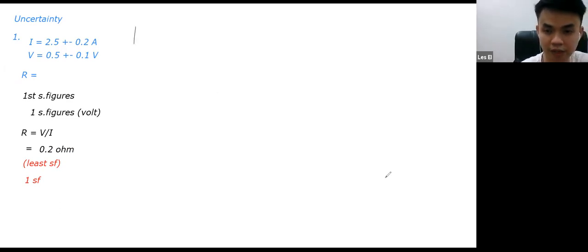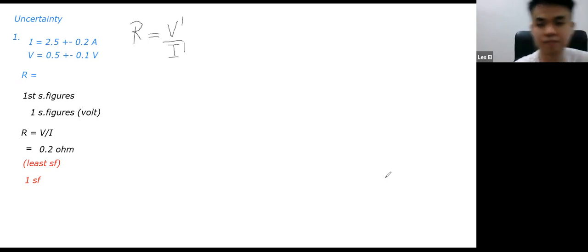So you already have R equals V over I. Do you remember that I told you the power would be the coefficient? The power would be the coefficient, and I told you that you have to use the fractional uncertainty.